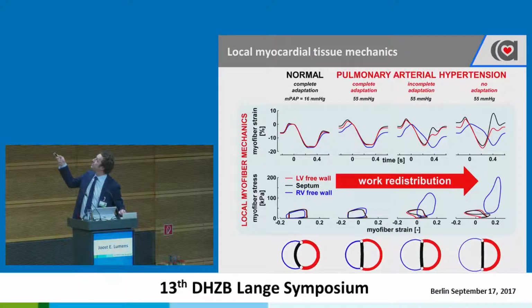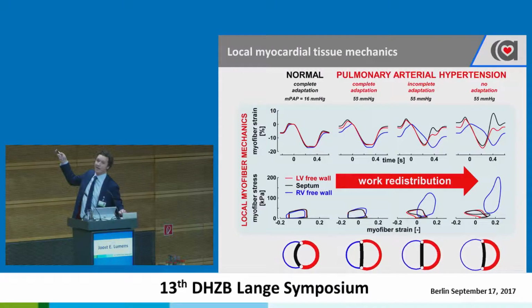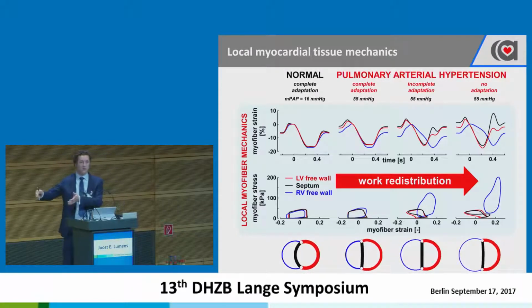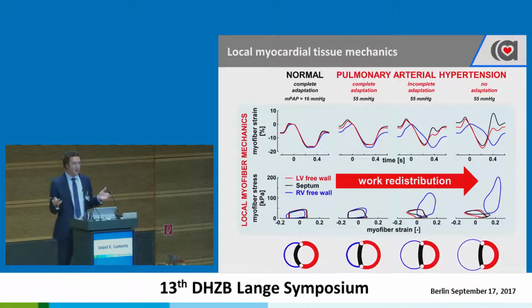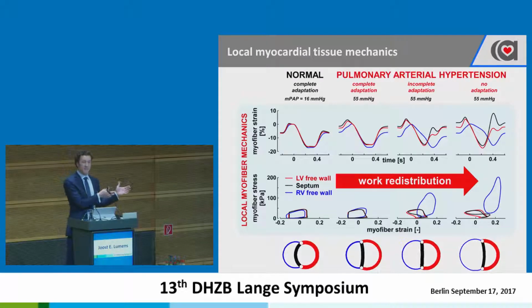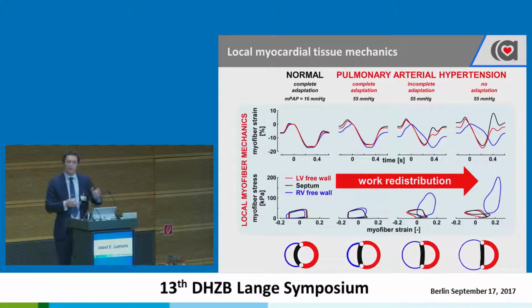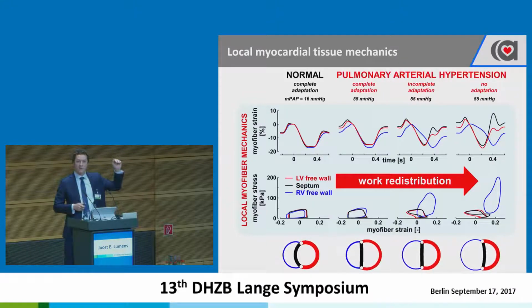So you see that the contraction of the RV is prolonged, and there where the afterload, where the LV and the septum start to relax again, the RV still contracts. But now it's much easier for the RV tissue to actually stretch the septum and push it into the LV instead of keeping the pulmonary valve open.